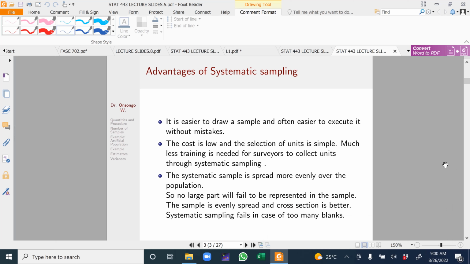Now, systematic sampling has its advantages over other methods of sampling. Reason being, it enables us to capture even the rarest of the events. Remember here, you are selecting your units from a population that has already been arranged in some chronological order.